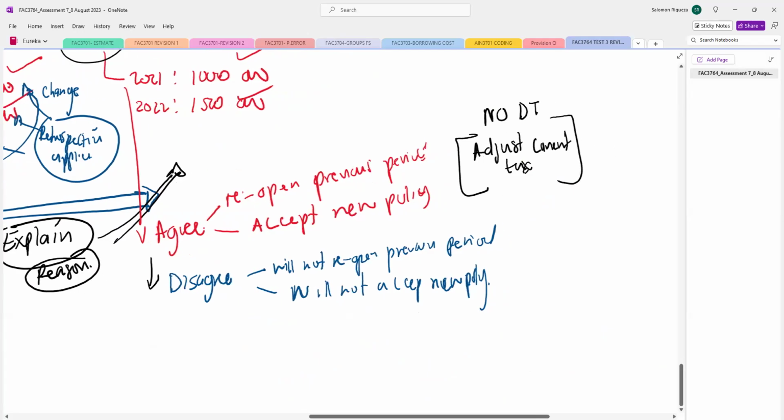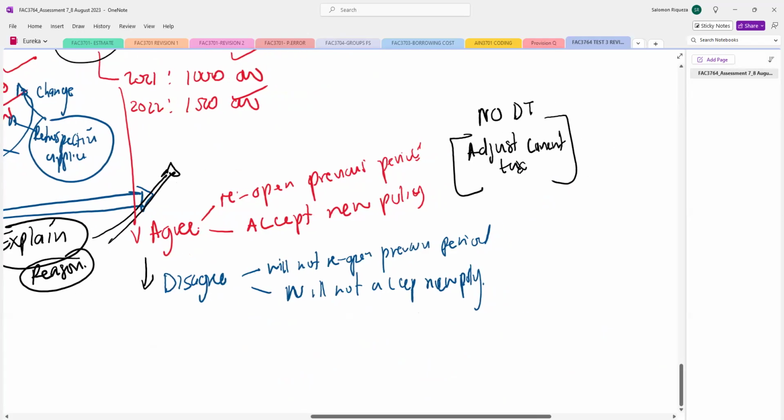Either way, whether they agree or disagree, tax is going to be affected. But which tax? If they agree, it's the current tax. If they disagree, this is where we adjust deferred tax, because there will be a difference in balances, meaning the temporary difference.